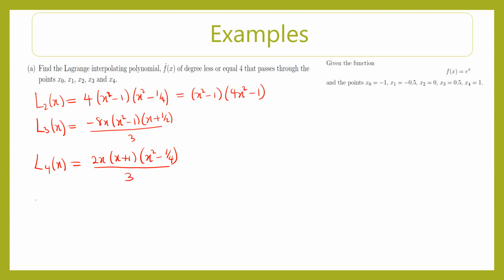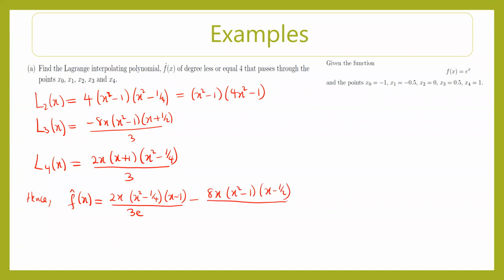So finally, we can now write a very long expression as our approximating polynomial, which, if you substitute all the L0 to L4, you will get 2x into x squared minus 1 over 4, x minus 1 over 3e, already put in the y0, minus 8x, x squared minus 1, x minus 1 over 2, divided by 3e, plus x squared minus 1, 4x squared minus 1.